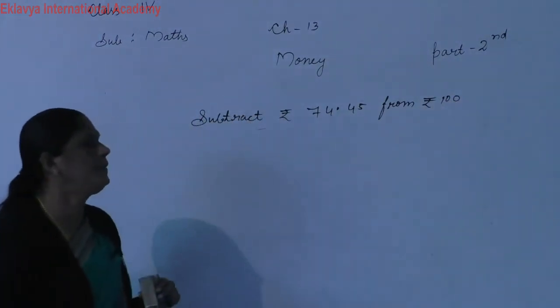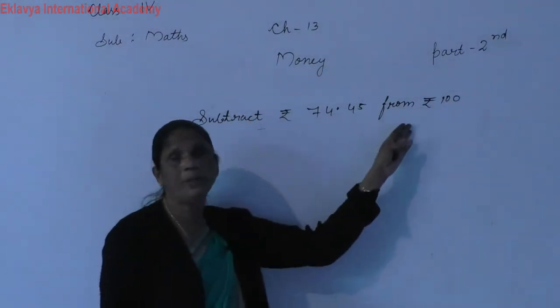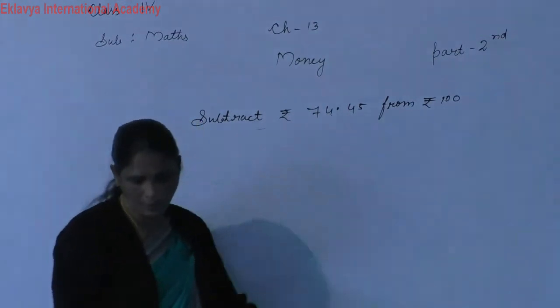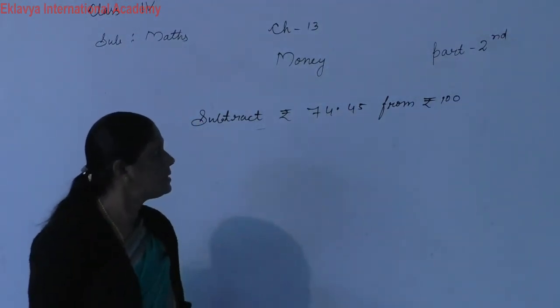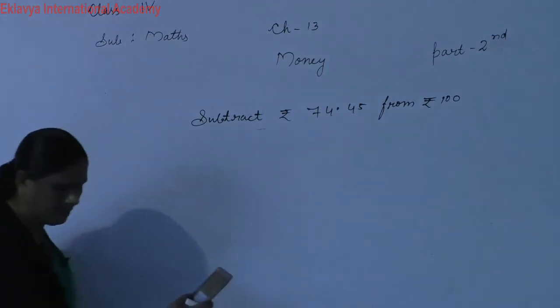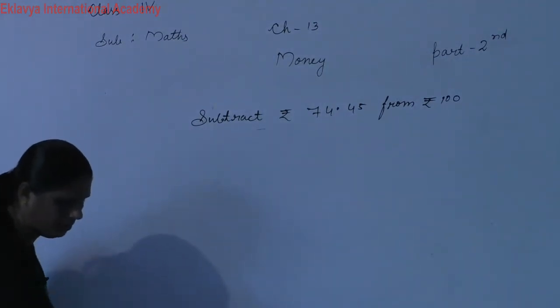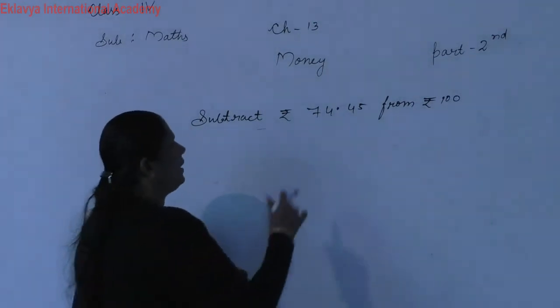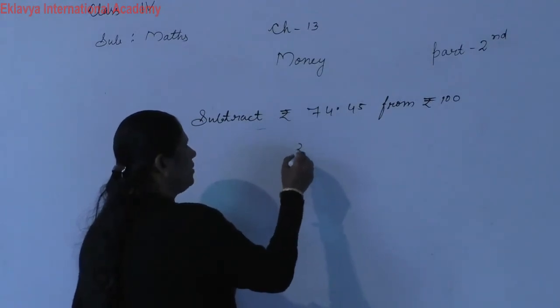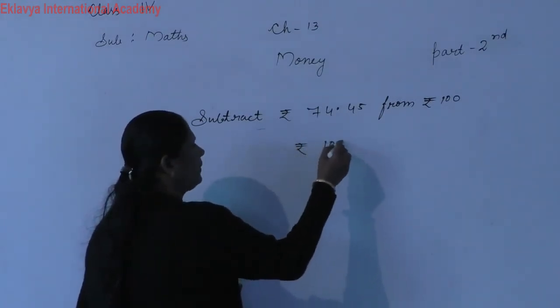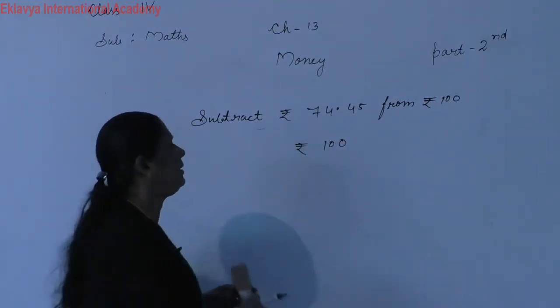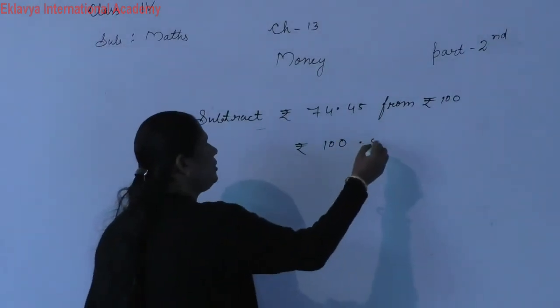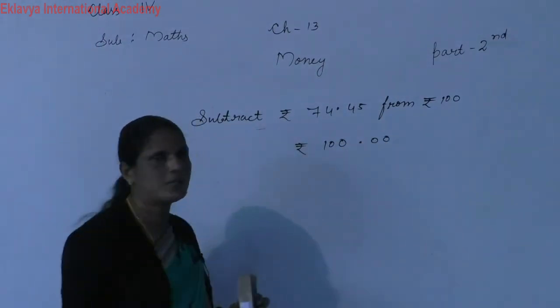Here the word "from" comes, therefore the second number is written first. That is rupees 100. There is no paise here, so you put 0, 0. Understand?